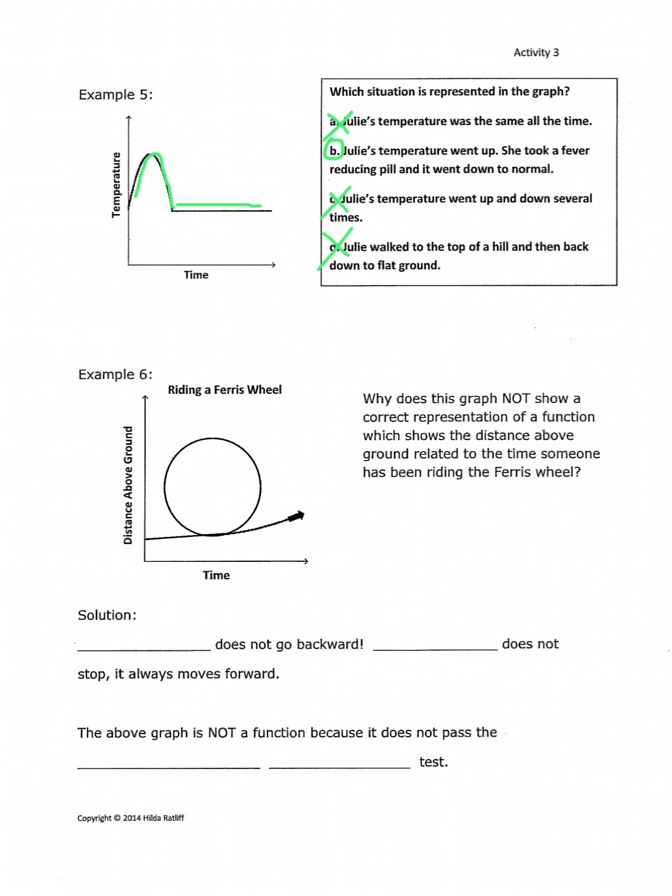Okay, and the reason why this does not represent a function is because time cannot go backwards. Here it's starting here, it looks like it's going like this, but then time is going backwards. Time cannot go backwards, and time does not stop. It always moves forward.